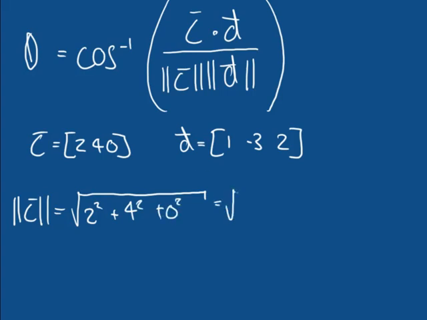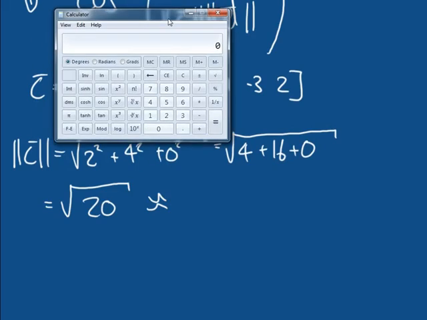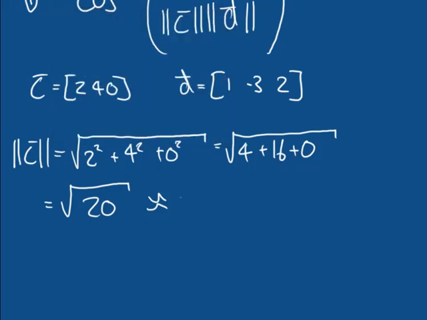That's going to be equal to the square root of 4 plus 16 plus 0, which is the square root of 20, which, if I use a calculator, is approximately equal to 4.4721.